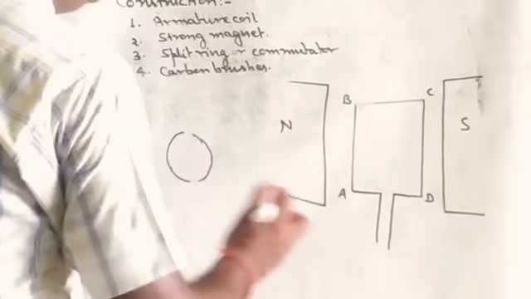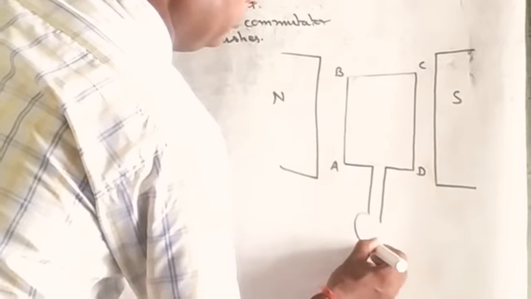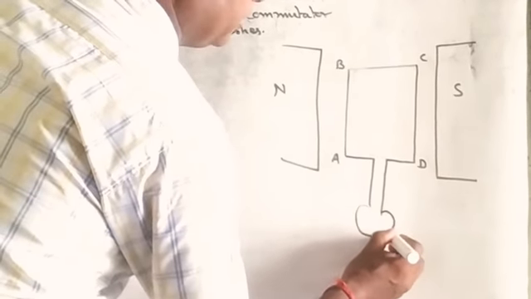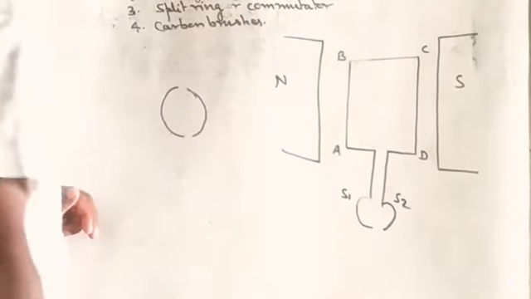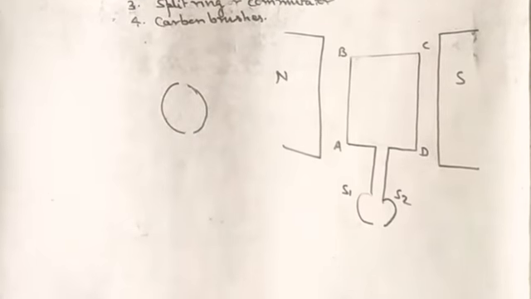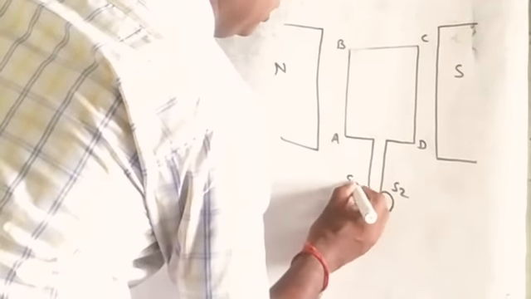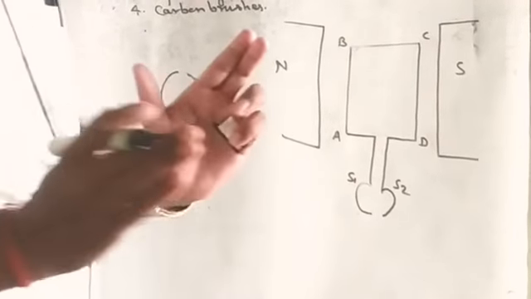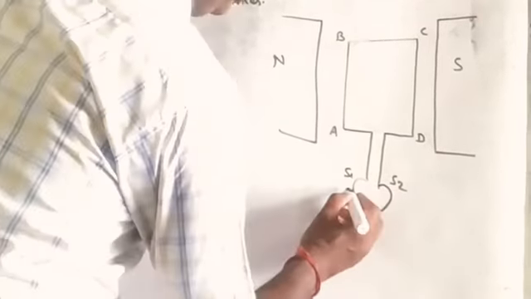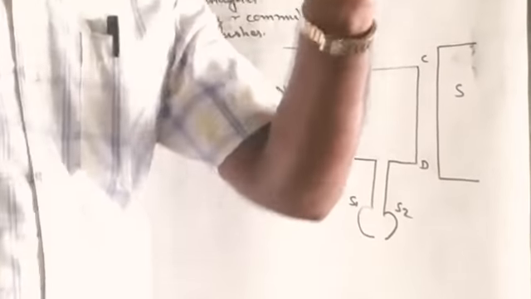Then at the ends of this armature coil, we connect the split rings S1 and S2. Be clear, all of you? This split ring is fixed under carbon brushes. Carbon brushes are made of carbon, which conducts electricity.